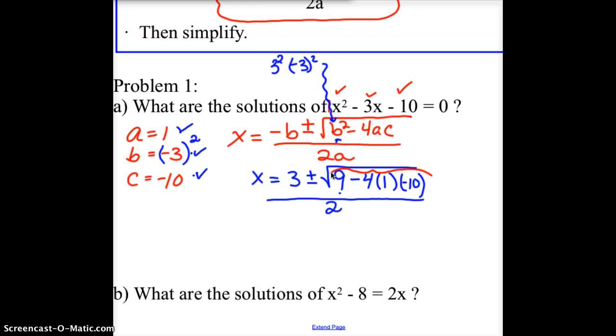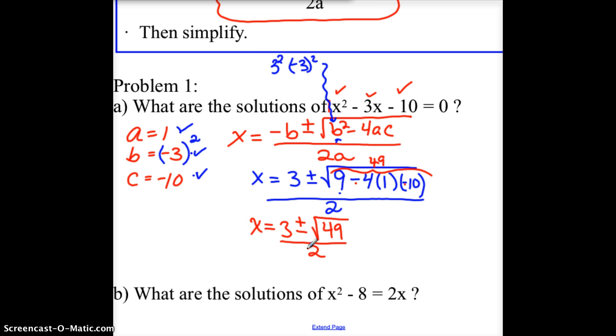This one can be done in your head, or if your arithmetic is a little shaky, you might want to do that on your calculator. But you'll end up getting 9, and then these 2 negatives will make a positive, so it's 9 plus 40, or there's a 49 under that root. Make sure you write that as 3 plus or minus the square root of 49. I have not rooted it yet, so make sure that root stays in there.